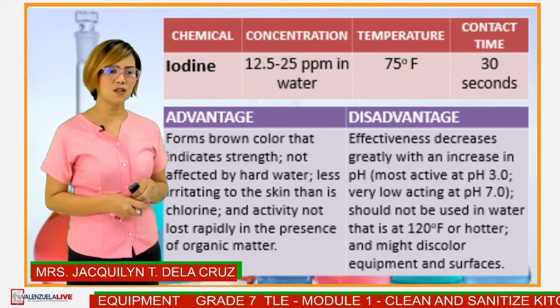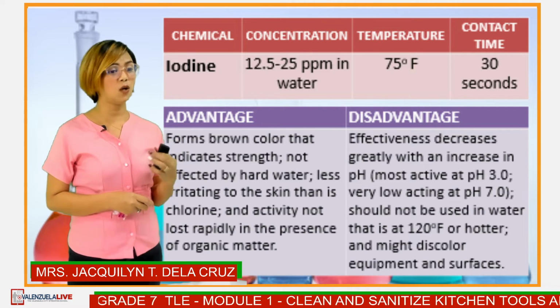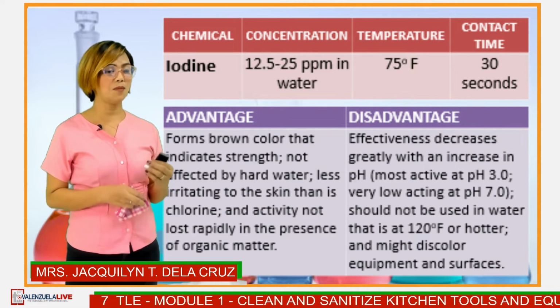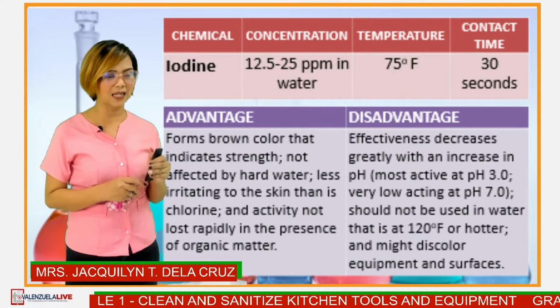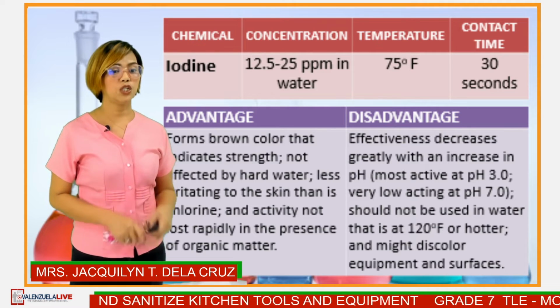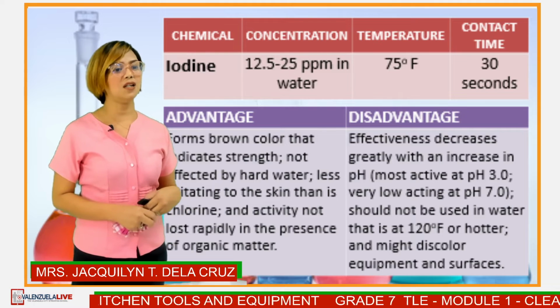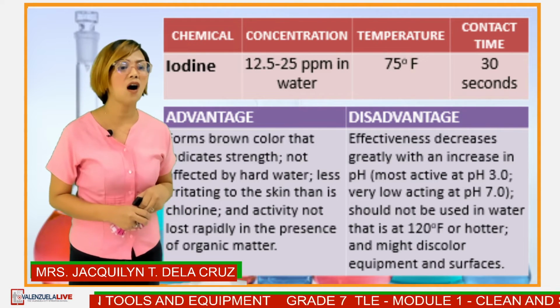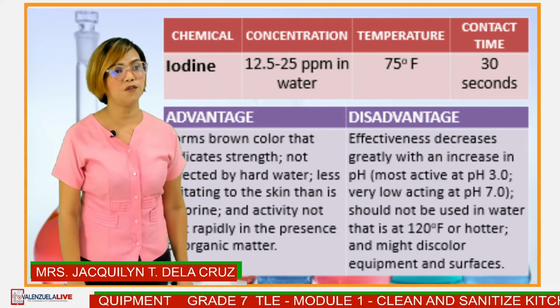The effectiveness of iodine decreases greatly with an increase of pH. Most active at pH 3.0, and it is very slow acting at pH 7.0. Should not be used in water that is at 120 degrees Fahrenheit or hotter and might discolor equipment and surfaces.